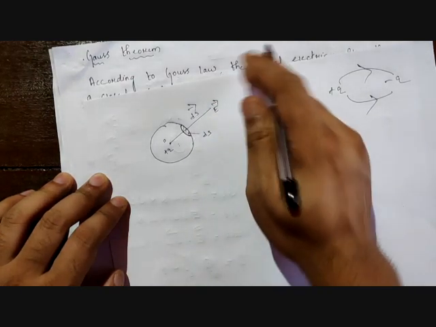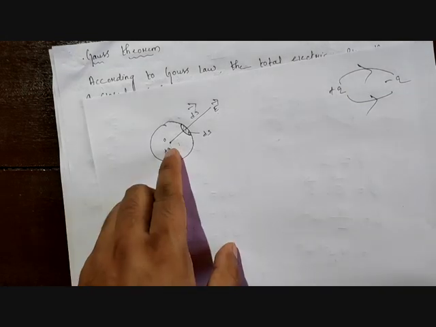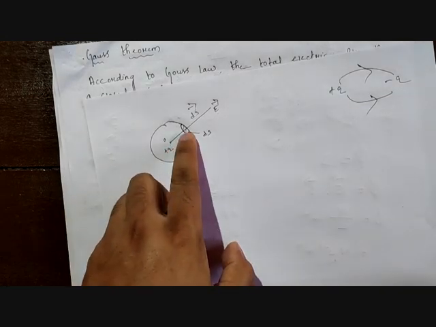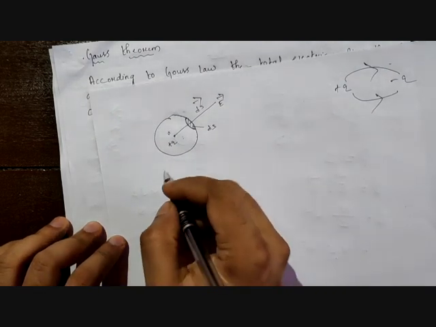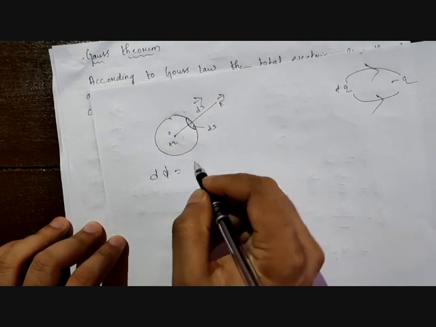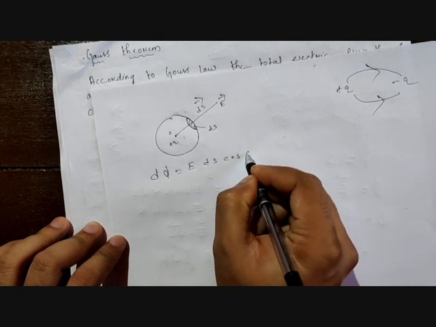Now we're going to prove Gauss theorem. First we have to find the electric flux for this particular area. What's the formula? Electric flux, you know, is E A cos theta.